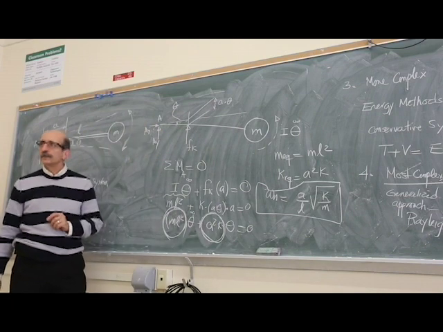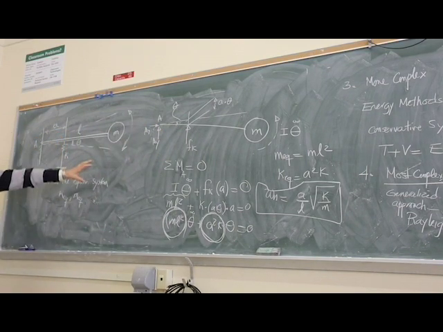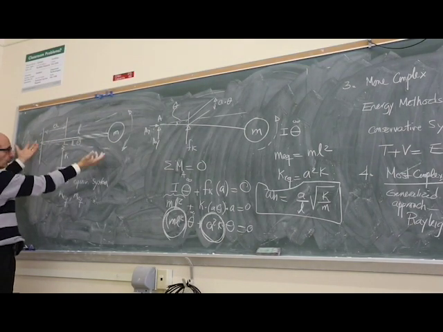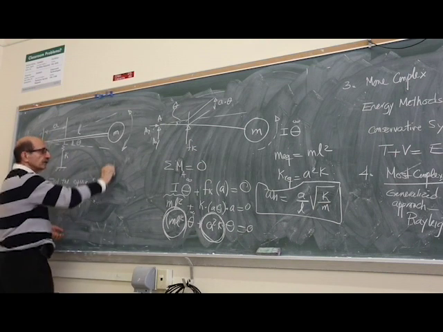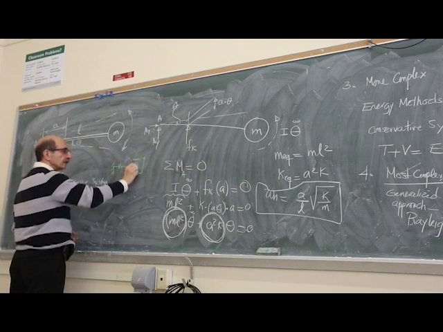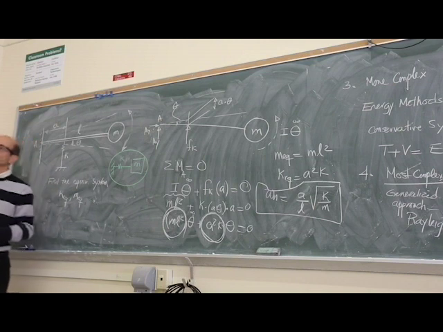Okay. So again, what this shows is we could actually replace a physical system, being of course a very simple physical system, with just this equivalent model, which is a single degree of freedom system. That's what we've done. Yes?